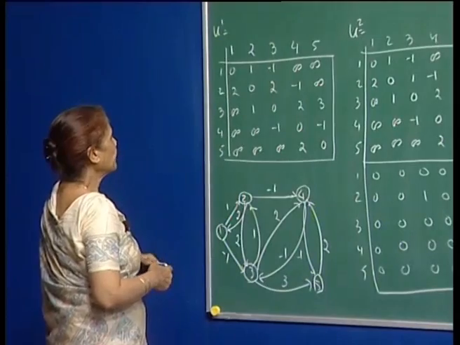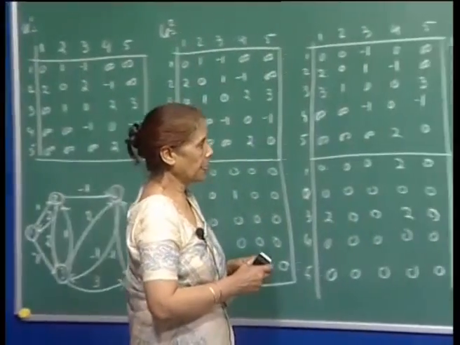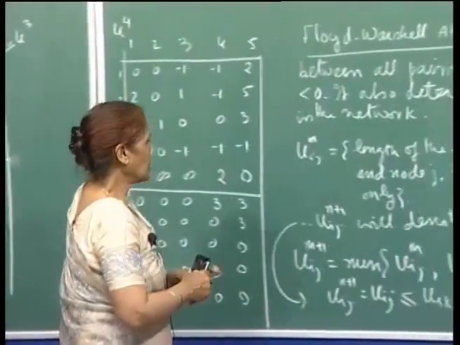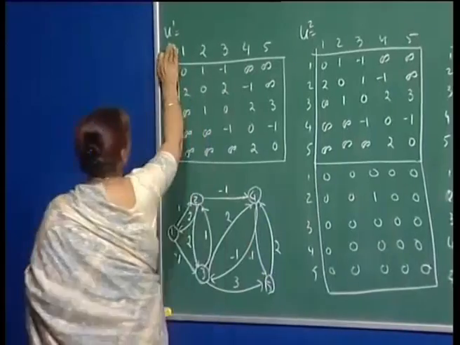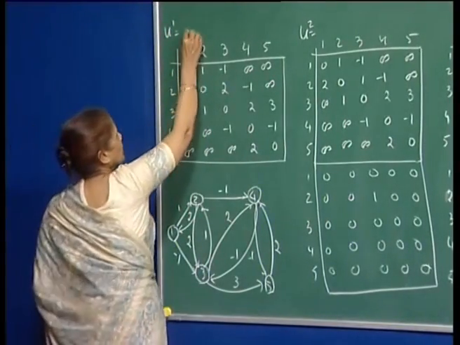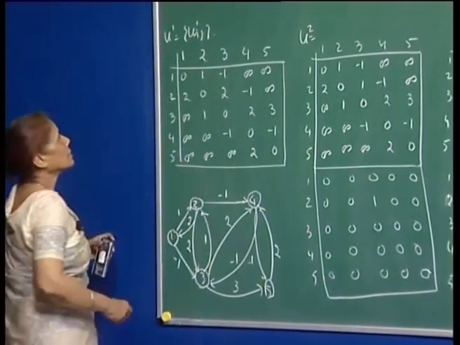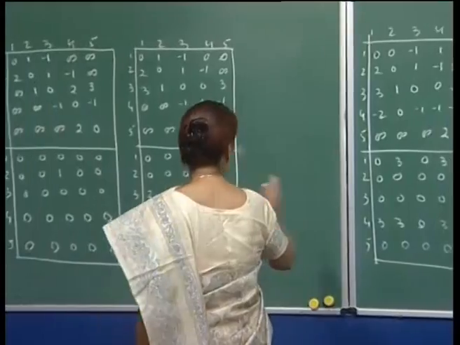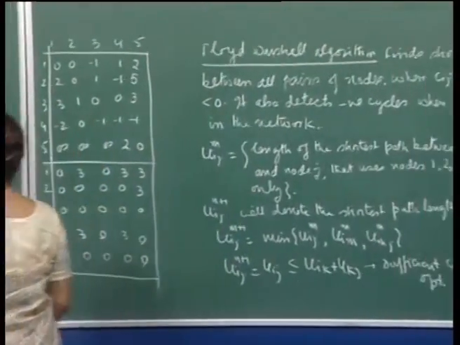So, then you want to compute, for example, uij. So, this one is uij1. I am calling the matrix capital U1, and the components are uij1, right. Okay. So, let us use the matrix representation, and I will try to show you the recursions for the Floyd-Warshall algorithm.